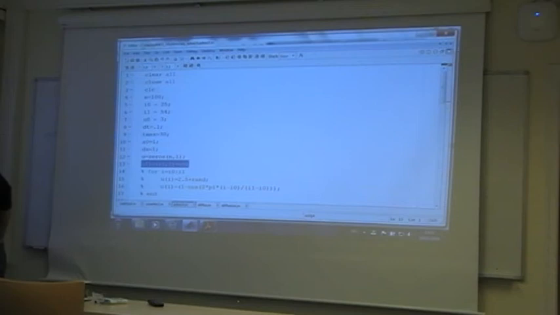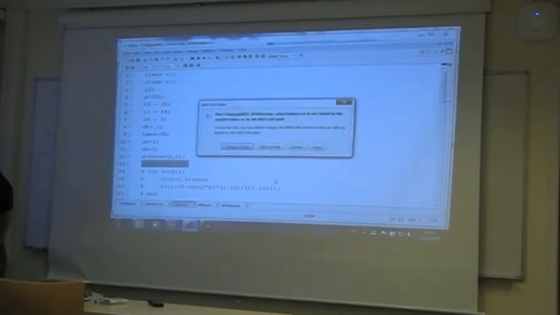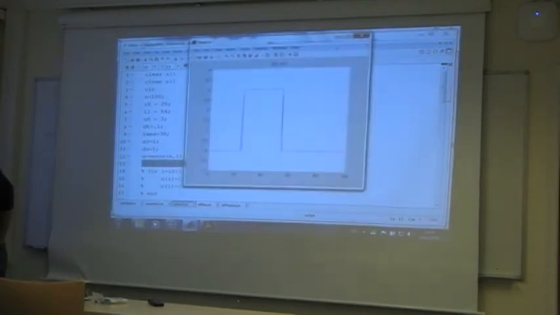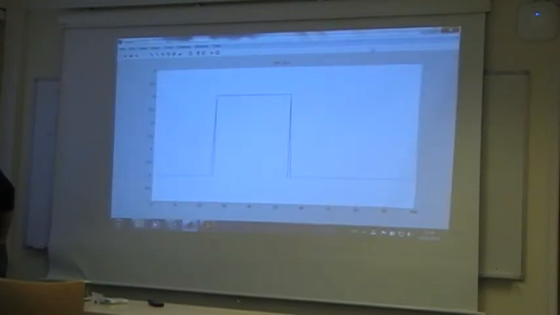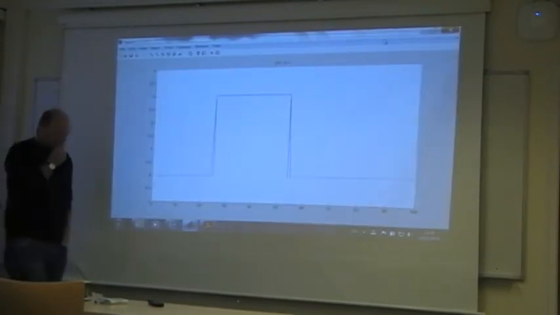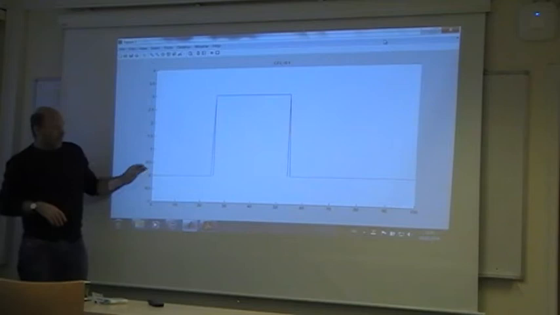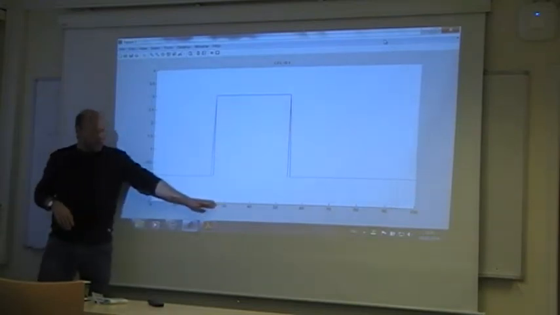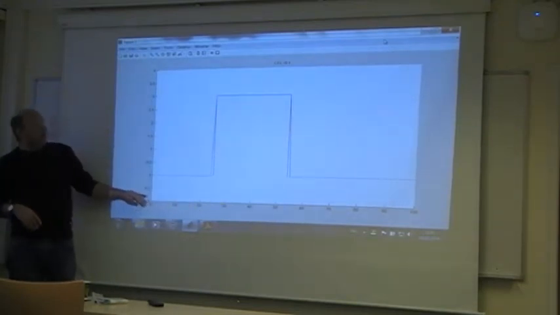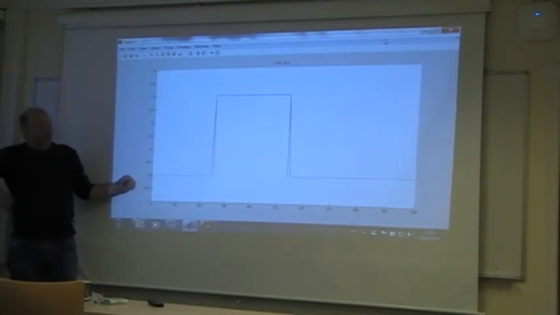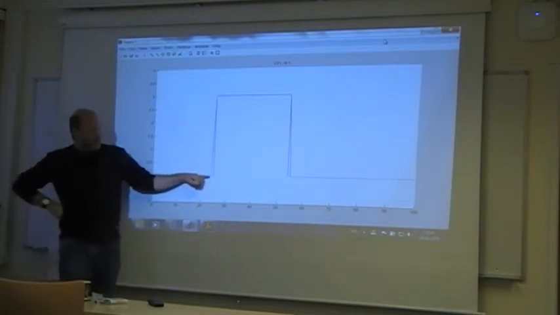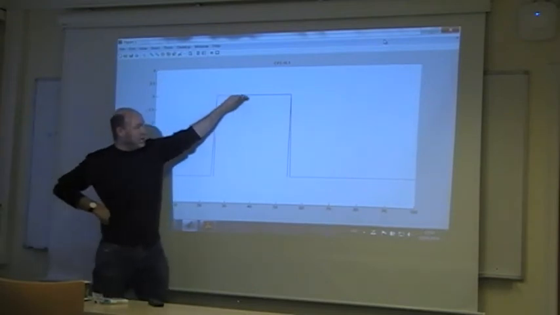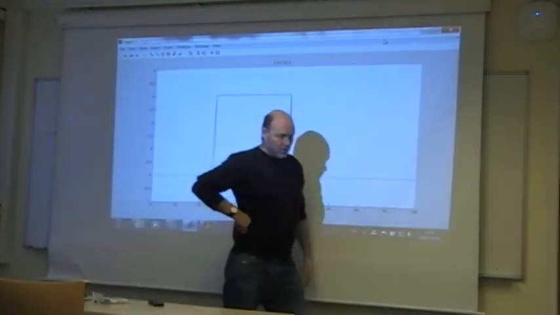When I run this one, I get the initial state here. Here I have my space axis, x, and here I have my unknown quantity, u, whatever that is. It's a signal of some sort. So initially it is 0, and then a jump, and then here's the value 3, and then back to 0.